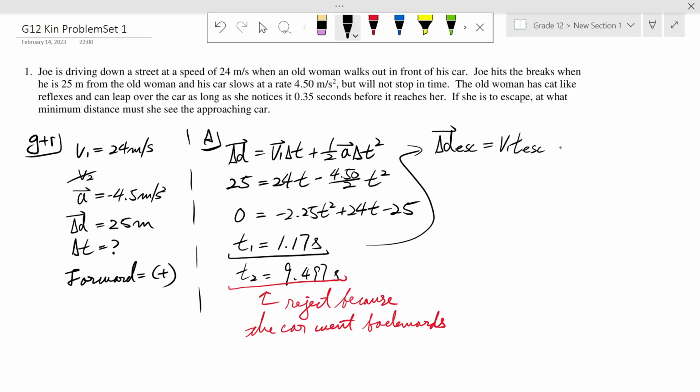I'm just adding these random subscripts to ease my life a little bit. Make sure you have your vector symbols. Now D is what I'm trying to find, so I'll leave that blank. V1 is still the same. It's essentially the same equation, but just with different numbers.